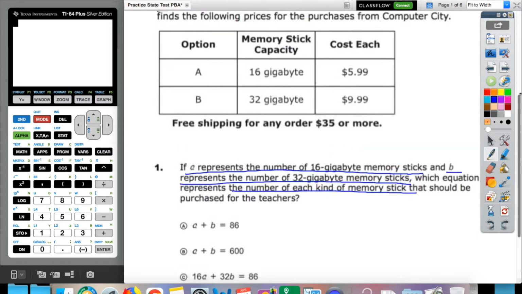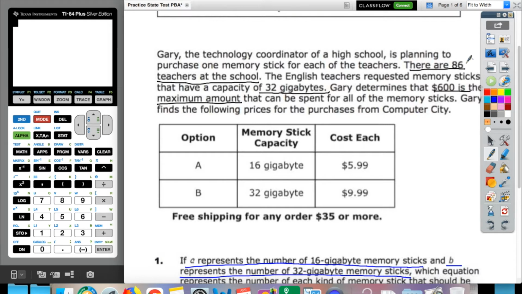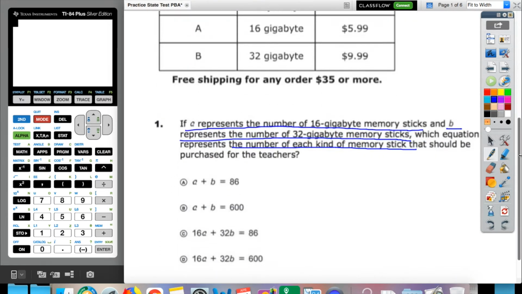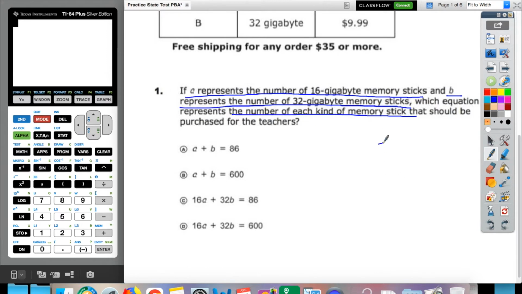Well, we know that they have 86 teachers, so they need to purchase memory sticks for 86 people. So we want to make sure it's equal to 86. So that's going to eliminate A and B because those aren't equal to the same thing.